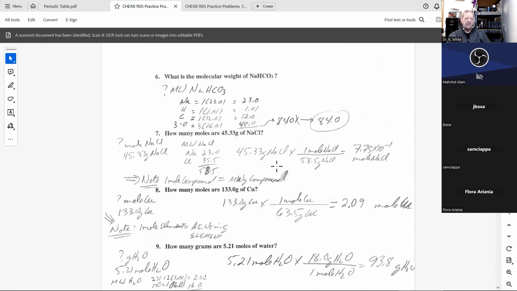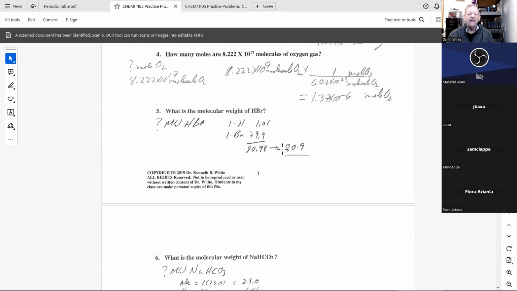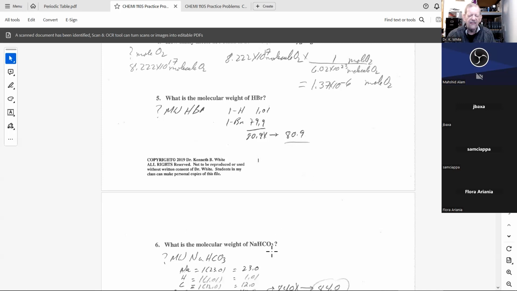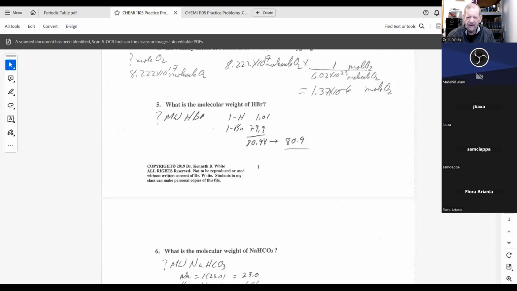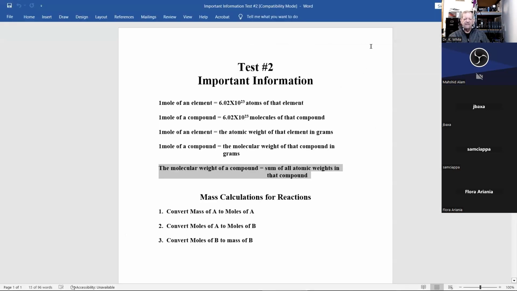Now, one of the things you need to know is how to do molecular weights. And if you look at important information, test number 2, and you'll be given this, the molecular weight is the sum of all atomic weights. Now you should see it. All right.